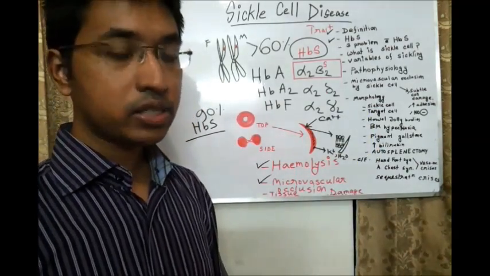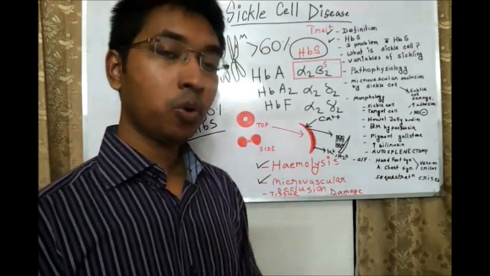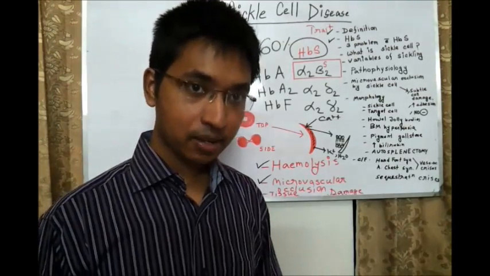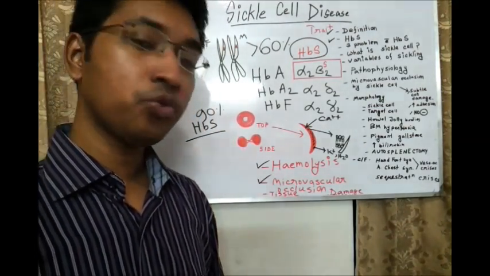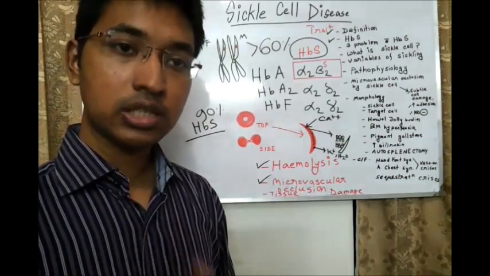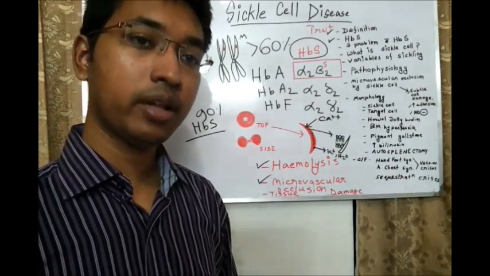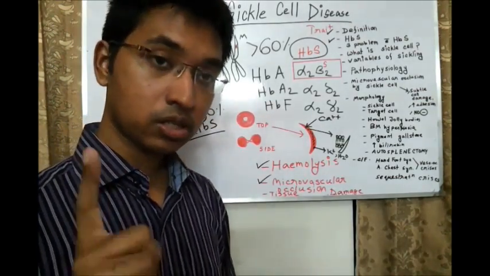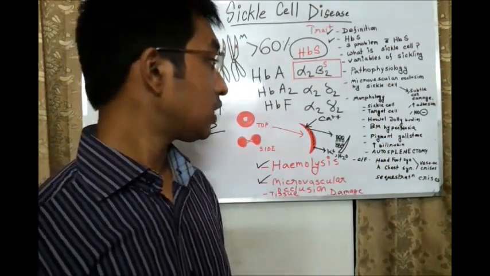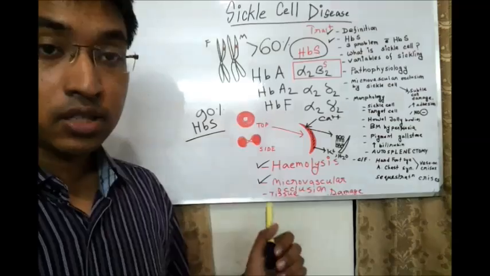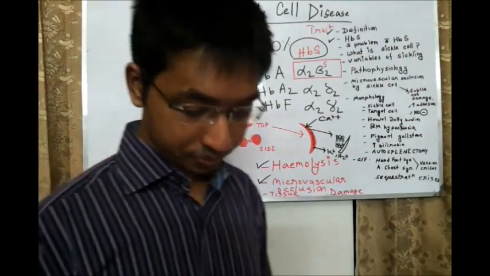Now, target cell is actually an important finding for thalassemia. If we are talking about thalassemia, we surely have to see target cells in our peripheral blood film. However, always keep in mind that target cells will also be seen in sickle cell disease as well.